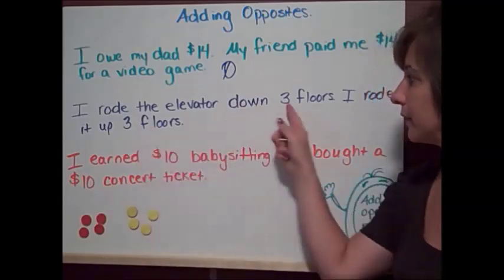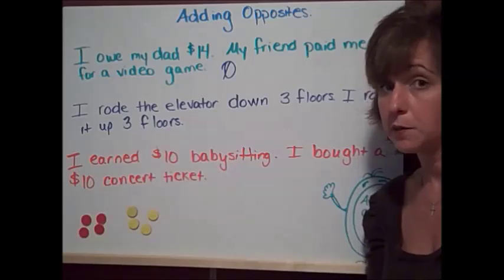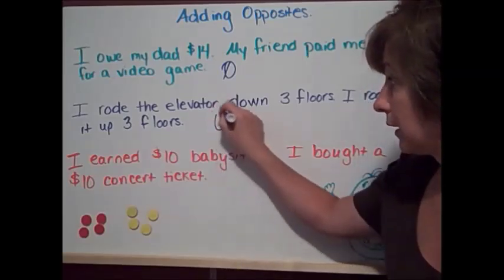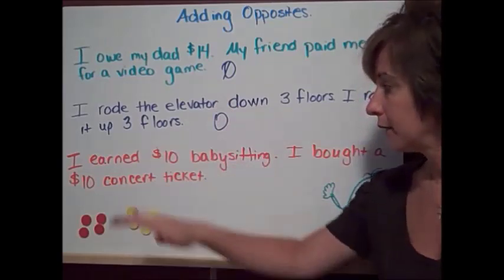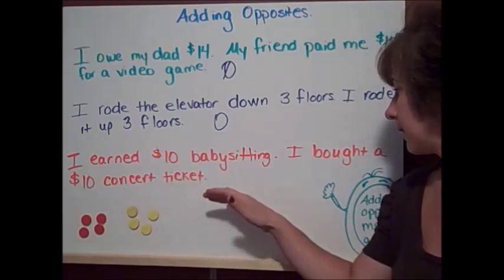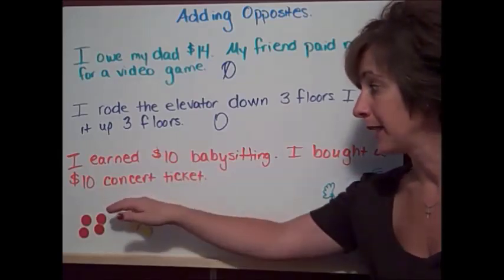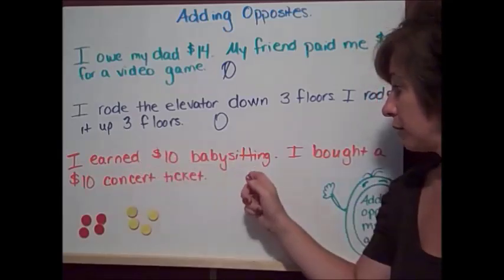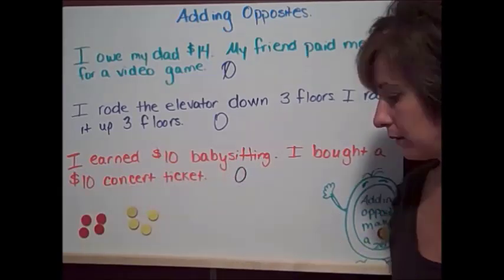I rode the elevator down 3 floors and then back up 3 floors, which means that I ended up where I started, which would be 0 movement. I earned $10 babysitting and I bought a $10 concert ticket. That means that I spent the money I earned. That would be represented with 10 plus negative 10, which would be 0.